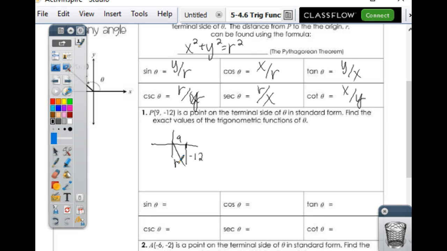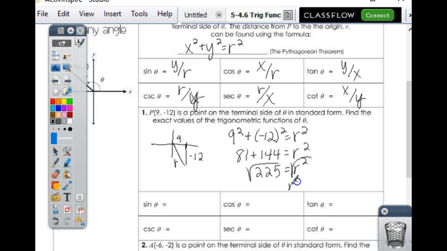So to find the r, it's a right triangle now. 9 squared is 81. So my r is 15, x is 9, and my y is negative 12.